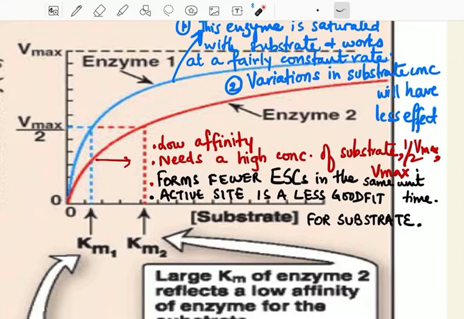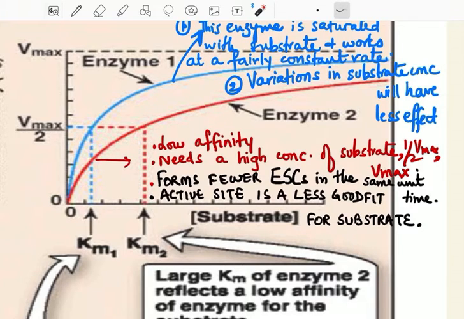It means कि the active site of the enzyme is a less good fit for the substrate. उसी less good fit होने की वजह से we say the affinity is low and hence the Km is high. तो उसकी वजह से क्या होगा? Fewer enzyme substrate complexes will be formed in the same unit of time and such a reaction needs a high concentration of substrate to achieve the same effect. Why? Because the enzyme has a low affinity for the substrate.